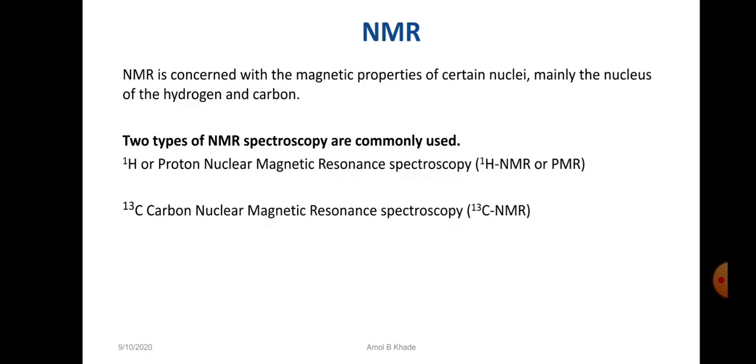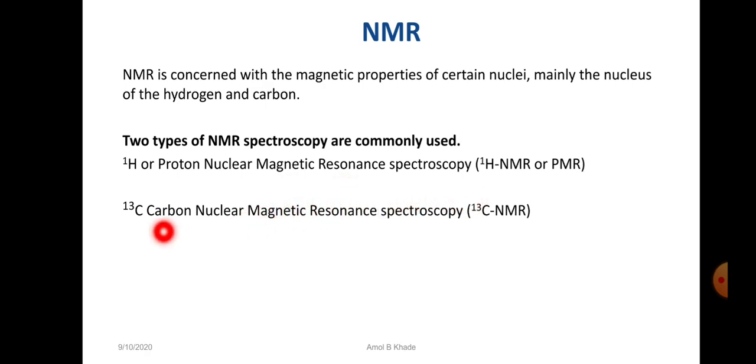Now there are certain nuclei which can be studied under NMR spectroscopy, but mainly the nuclei of hydrogen and carbon are widely studied. So there are basically two types of NMR spectroscopy which are commonly used. One is called H1 or proton NMR spectroscopy.